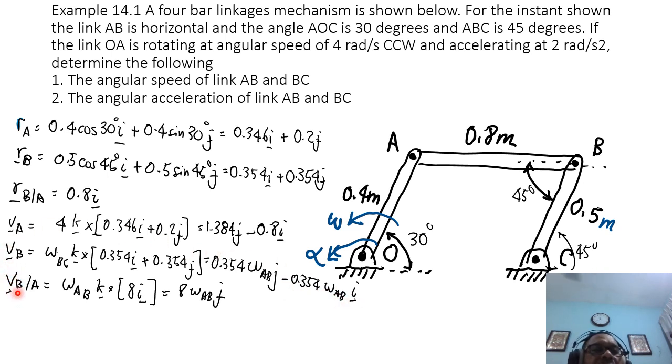And finally, VB relative to A is omega AB K cross 8 I. K cross I is J, so it's 8 omega AB J. So when you put all the equations together, remember the big equation is VB equals VA plus VB relative to A. So here's the big equation.